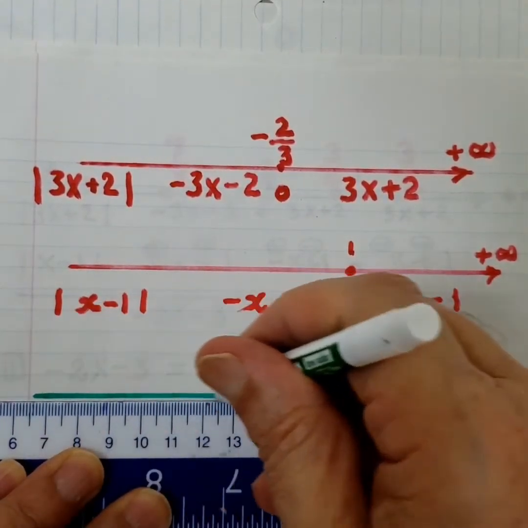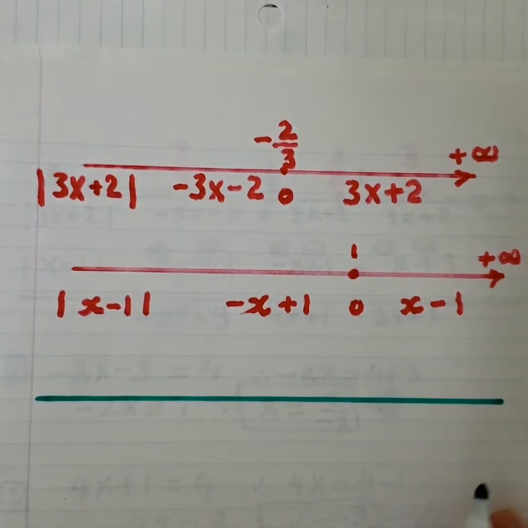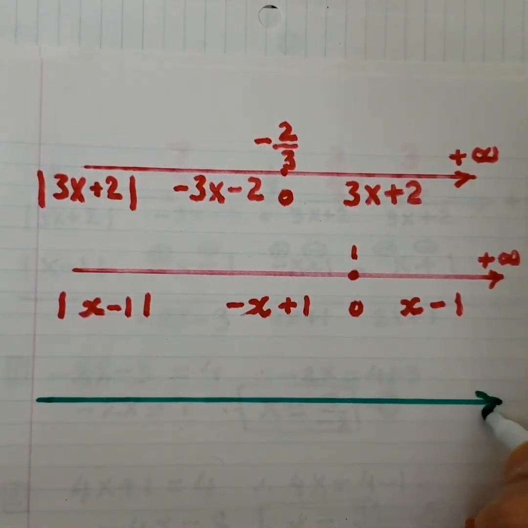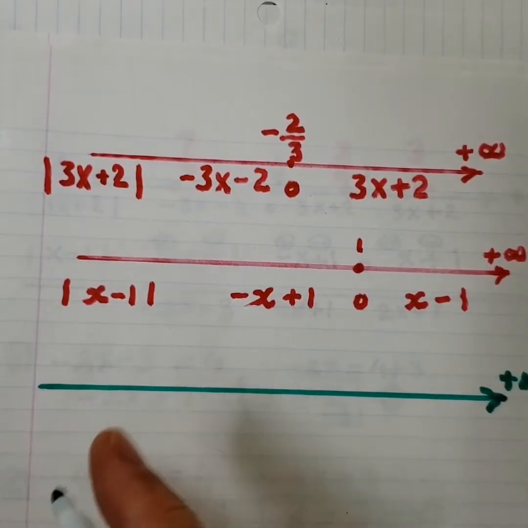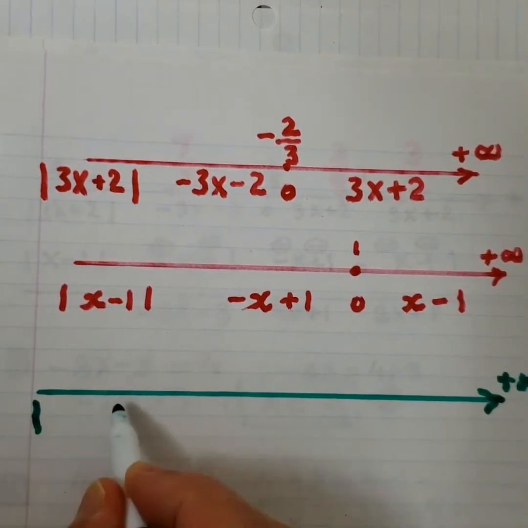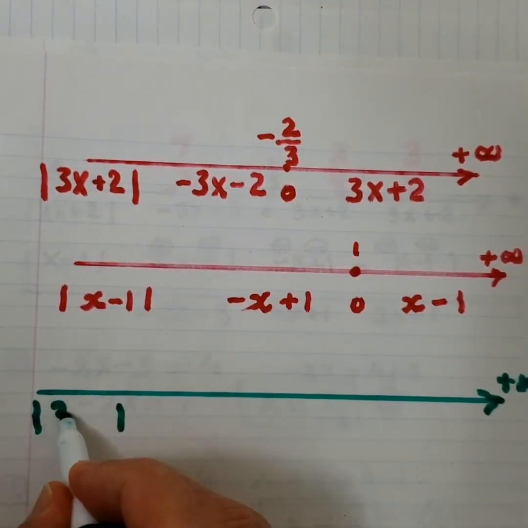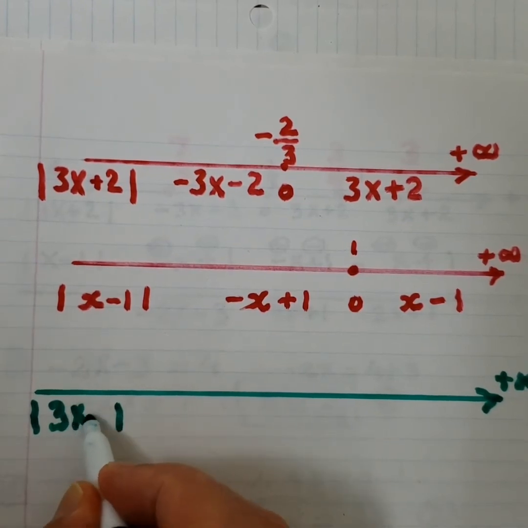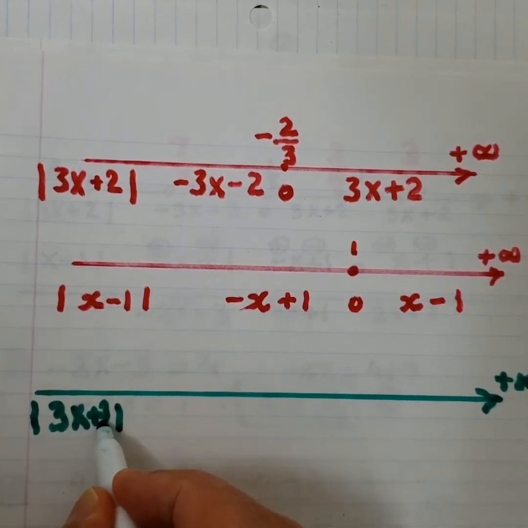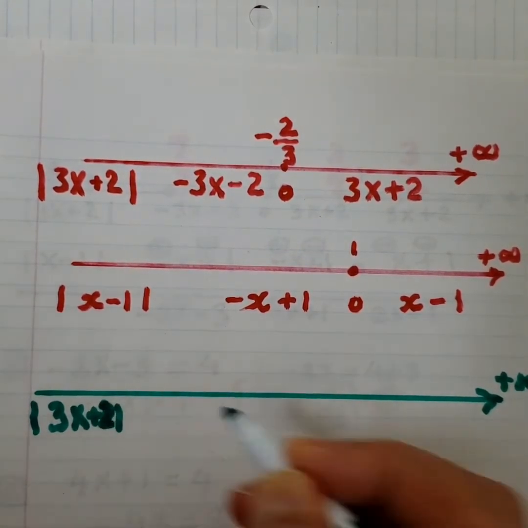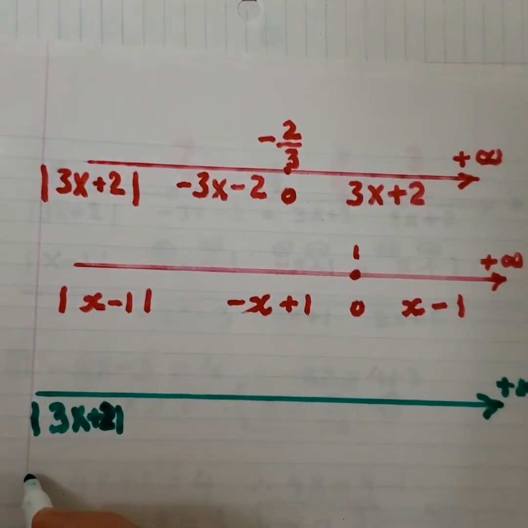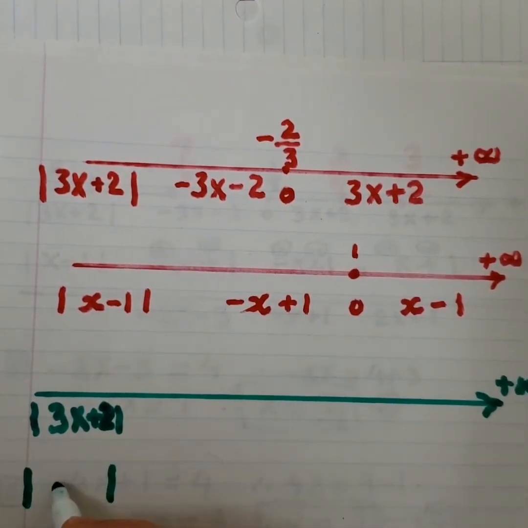If you consider this is the real number line, the first absolute value is 3x plus 2, and the second absolute value is the absolute value of x minus 1.